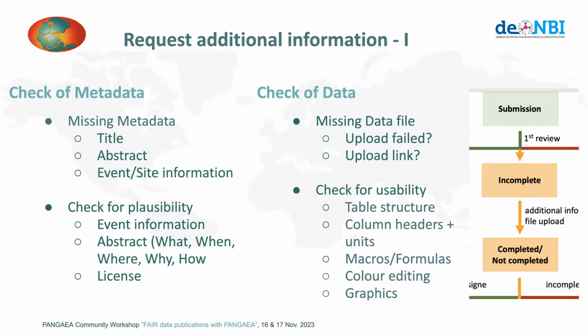So what happens if you have incomplete information? If we ask you to complete your metadata or data, what we are checking first is if we have a good dataset title, a full data abstract, and the event site information or sampling information we need for a data publication.